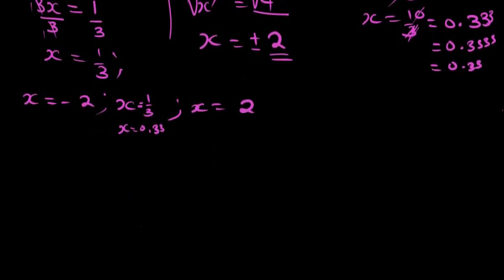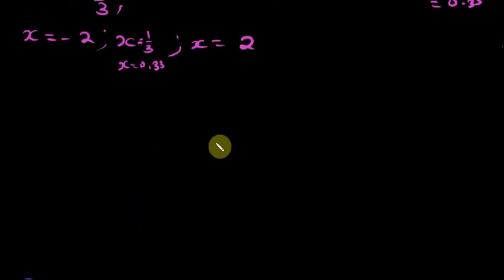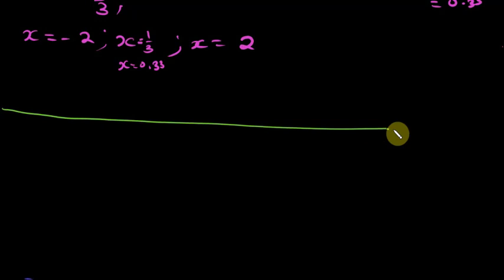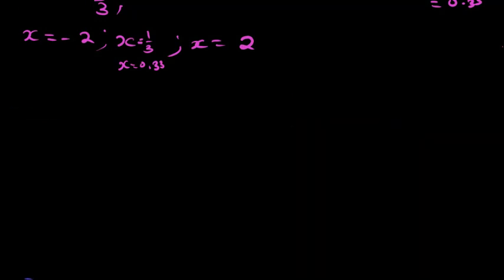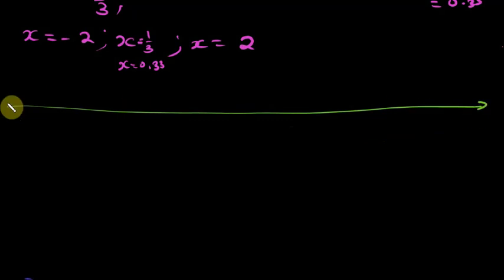So now, as always, we'll look at our number line. We can already see the number line will be divided into how many regions? Let me draw it properly. The number line will be divided into 4 regions, as usual for a cubic equation.